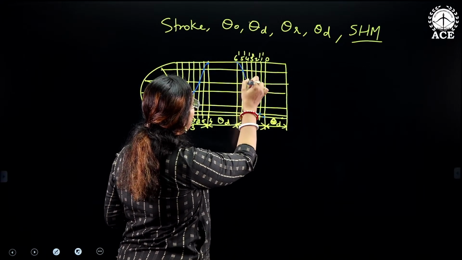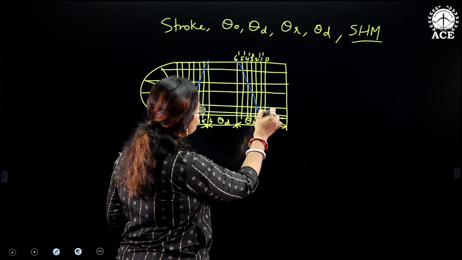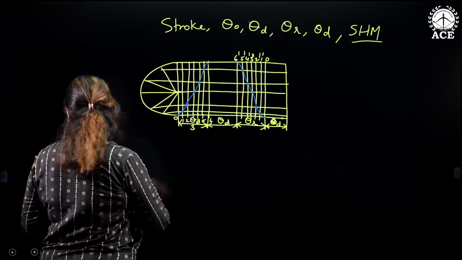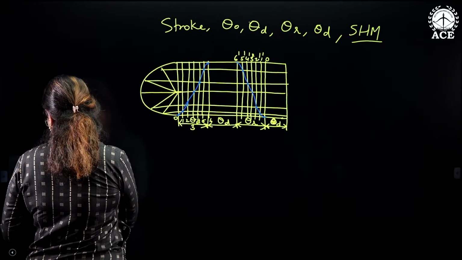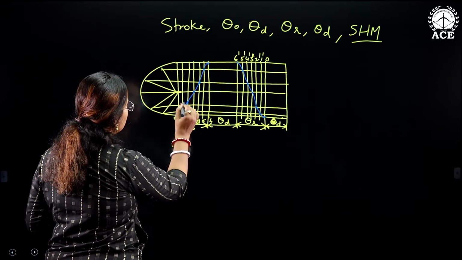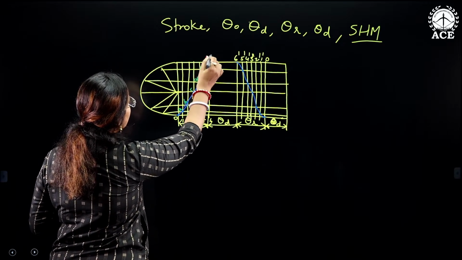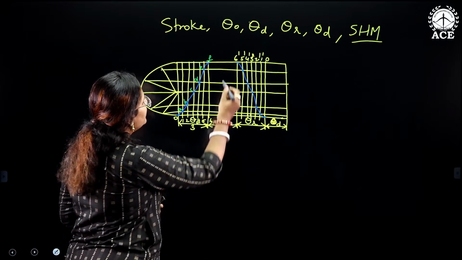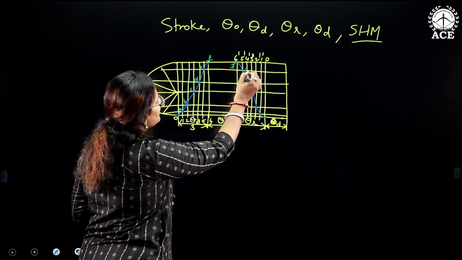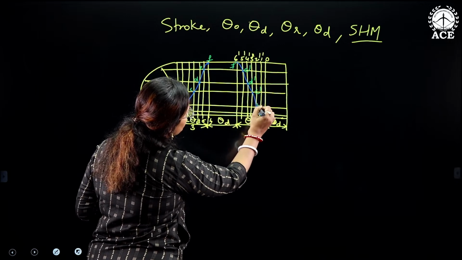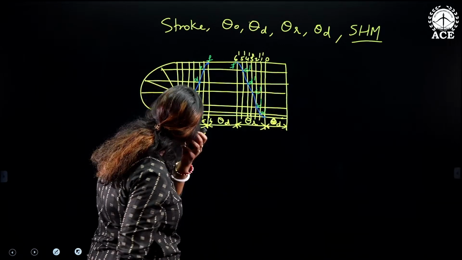If you trace the path, it is going to follow like this. Let us name them A, B, C, D, E and F. Similarly here also F dash, E dash, D dash, C dash, B dash and A dash.